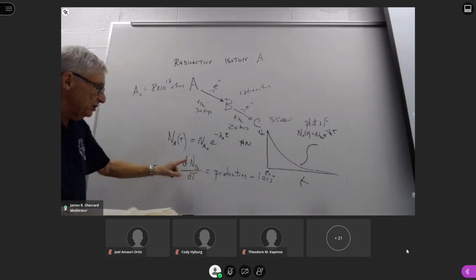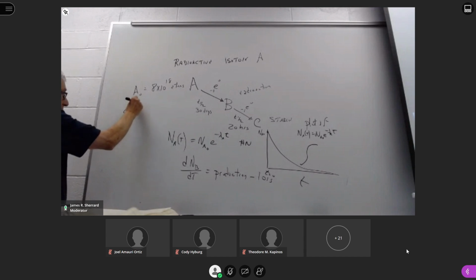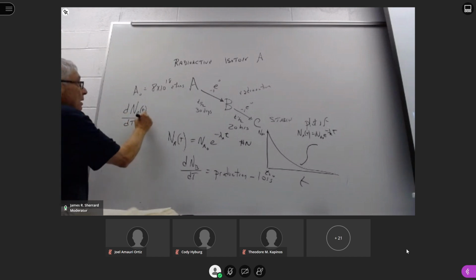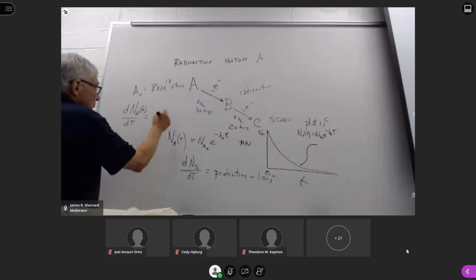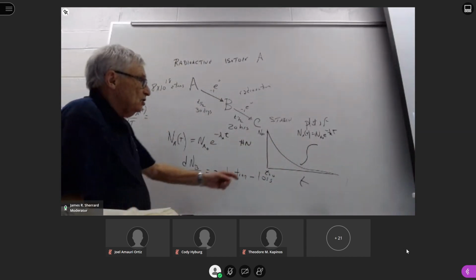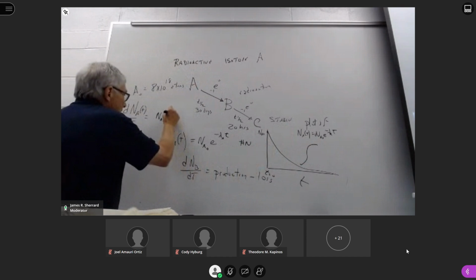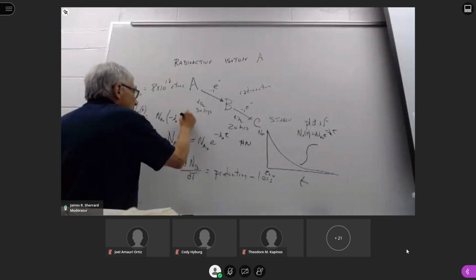So if we make this production as a function of time, if we look at the rate of change of the number of A's with respect to time, we're going to differentiate this equation. So if we differentiate this, this is going to be NA0 and then minus lambda A e to the minus lambda AT.